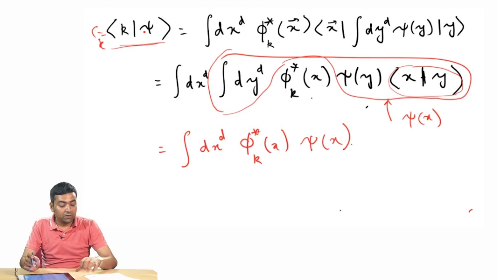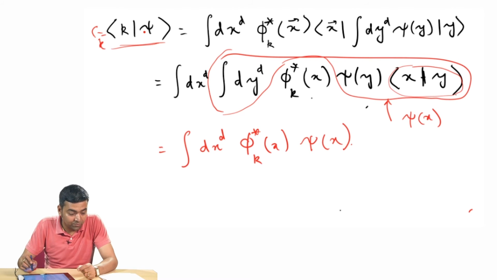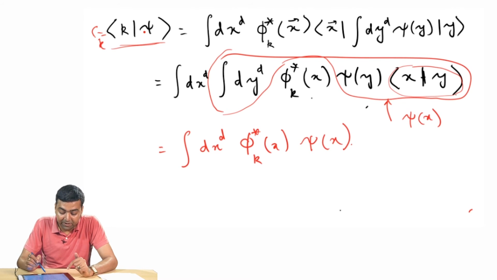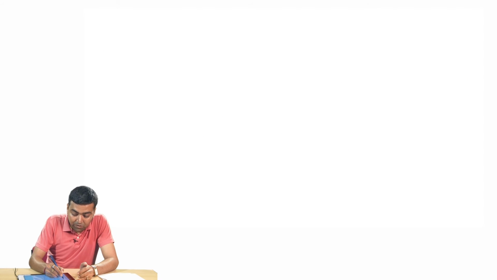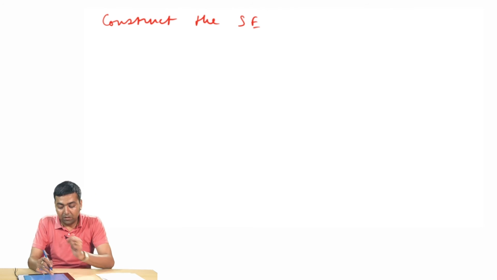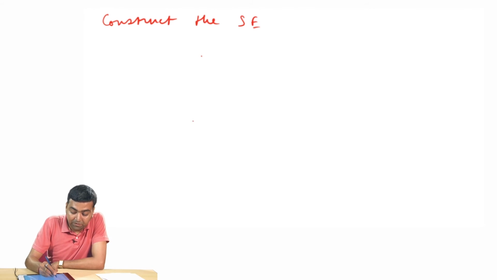Now, what we will do is apply this idea to the case of the Schrodinger equation. We will now construct the Schrodinger equation in the matrix form. Remember, we are looking into the matrix formulation of the Schrodinger equation.